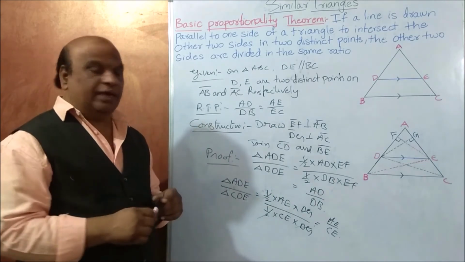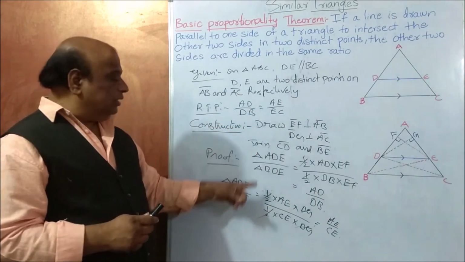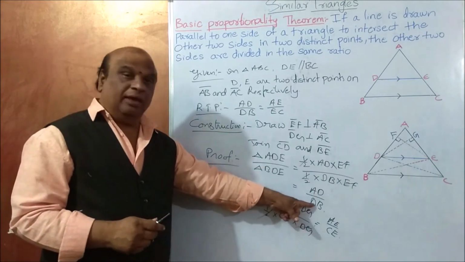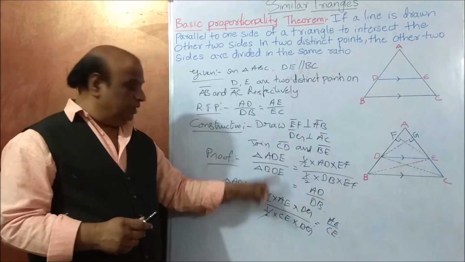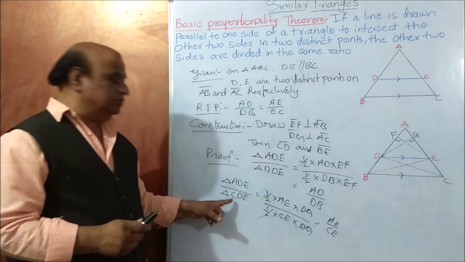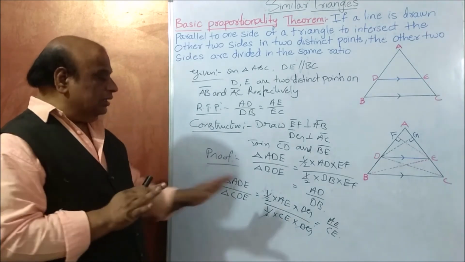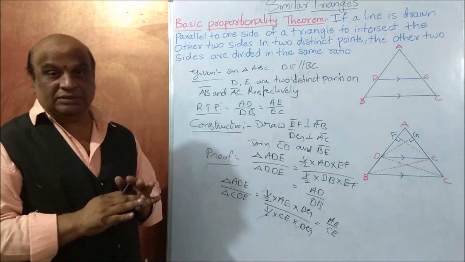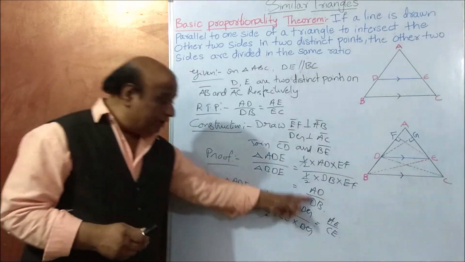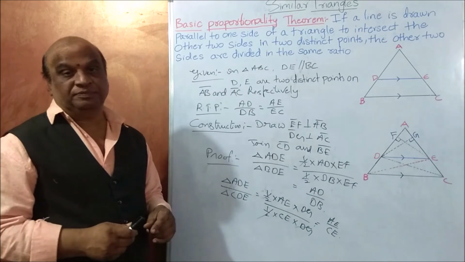So according to the RTP, we got the required ratios, but we have to equalize both.